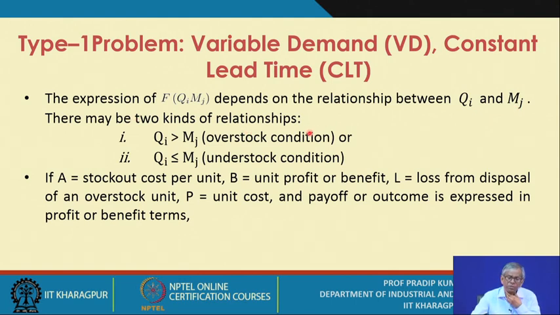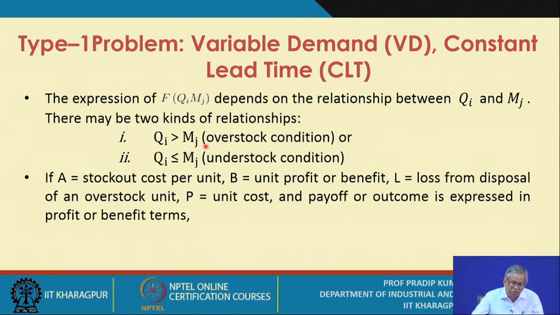There may be two kinds of relationships. Qi, that means order quantity, is greater than the demand: overstock condition, obviously. Just note it down that in any inventory problem, you need to deal with either overstock or understock. In the majority of the cases, both overstock as well as understock are considered to be very, very critical.